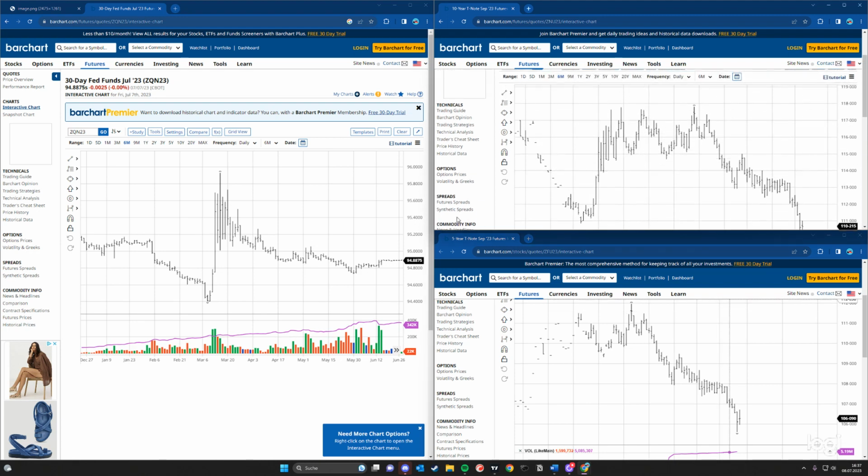So I think the most important thing here are these highs. You cannot quite see them on the 5-year bond market, but you can see that we've made equal highs. This has been significantly higher.